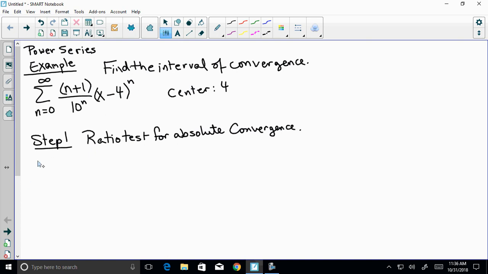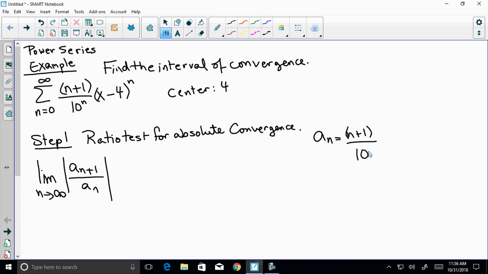So that means we take the limit as n goes to infinity of a_(n+1) over a_n, and we take the absolute value of that. So my a_n is n plus 1 over 10 to the power n, x minus 4 to the power n.